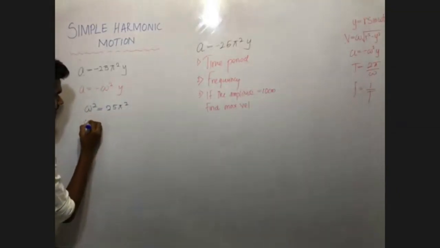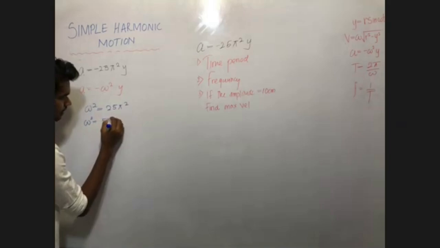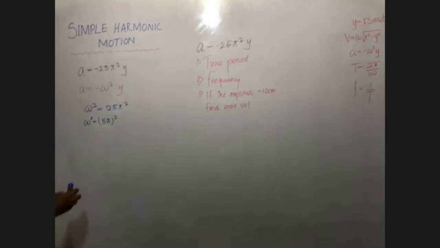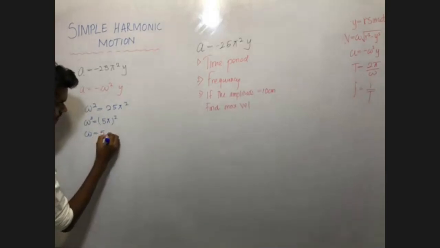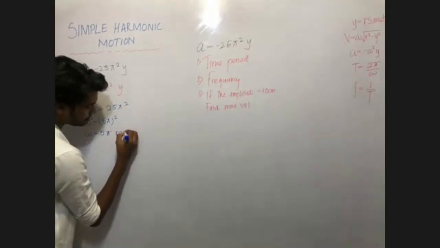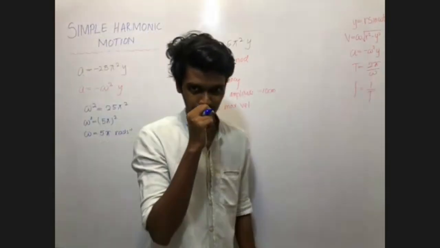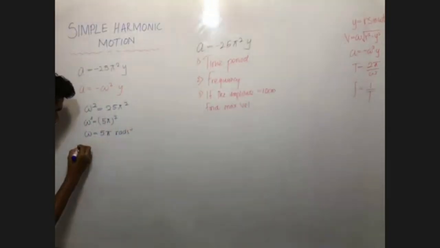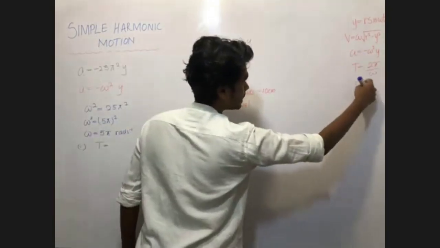So omega squared is 5 pi whole squared, so omega, with the square and square cancelling, is 5 pi radian per second. Now I need the time period. How do I find the time period? Time period is equal to 2 pi over omega.